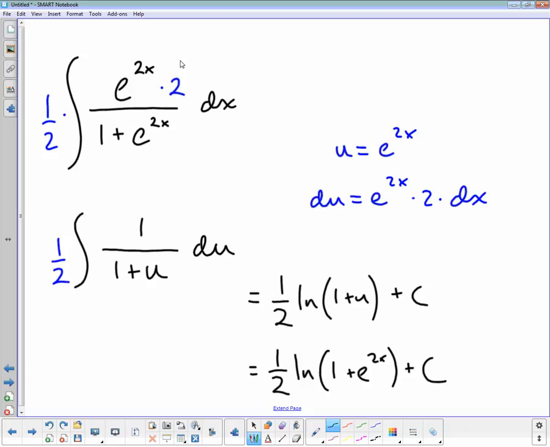Okay. All right, now when you have bases that are not e, it's slightly different. Let's see where all this comes from.